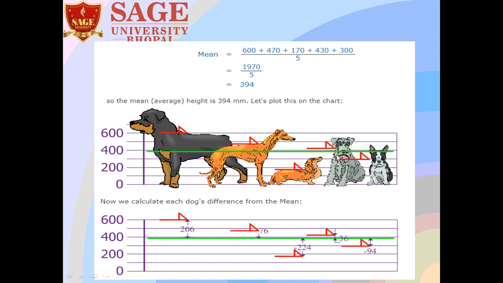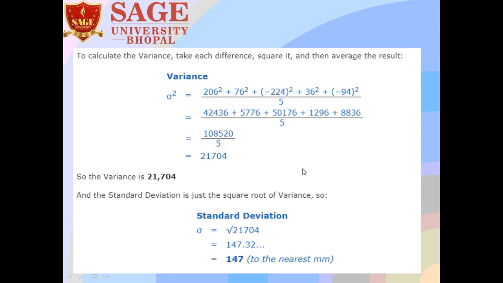For the variance, we take the square of all the differences that we have calculated, and then divide by 5. So this is the variance.